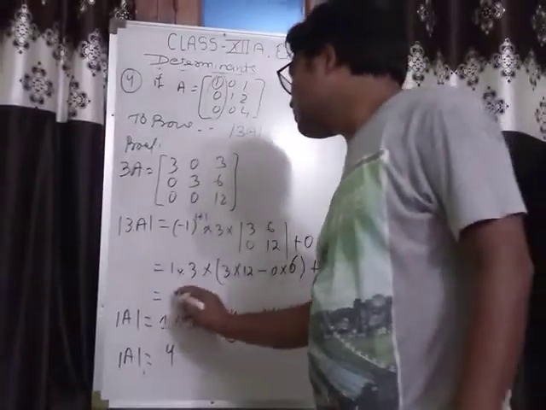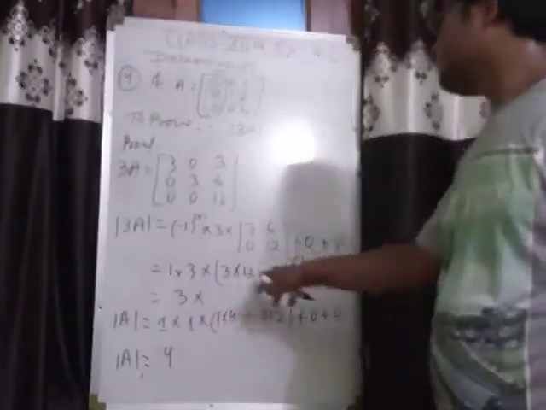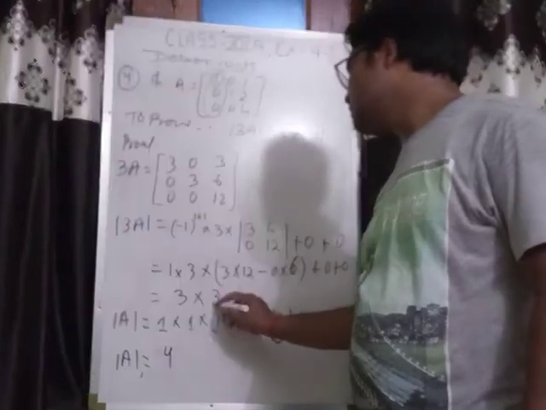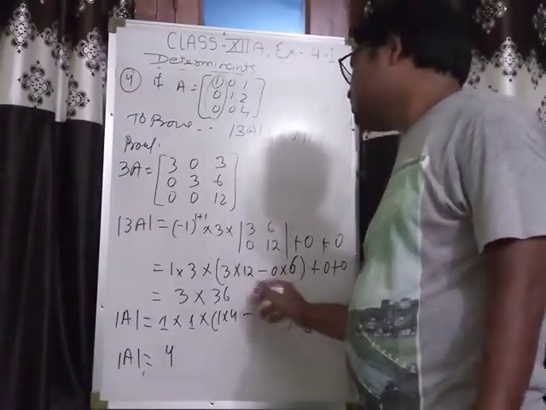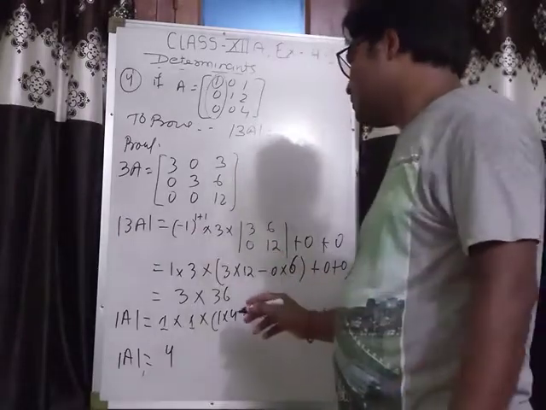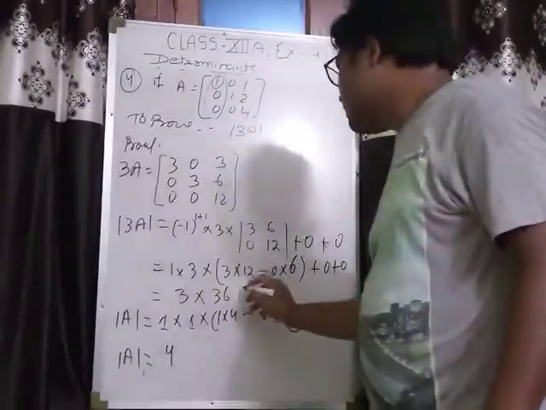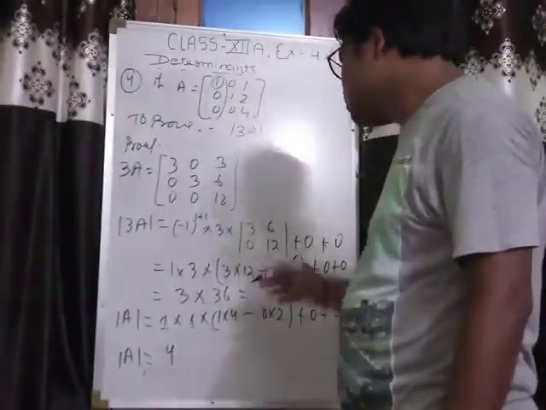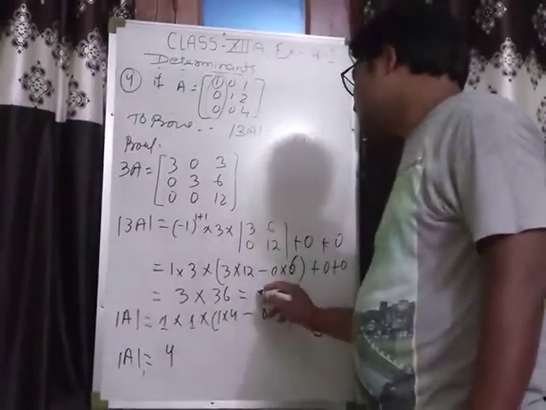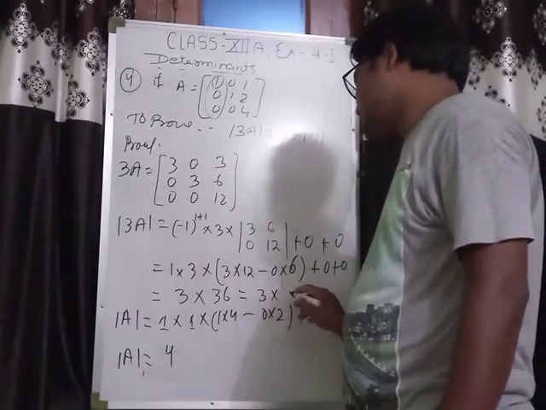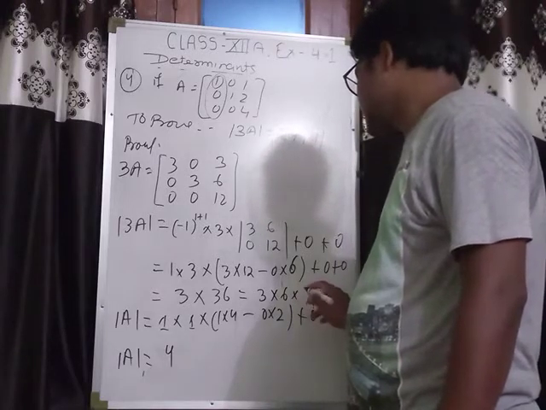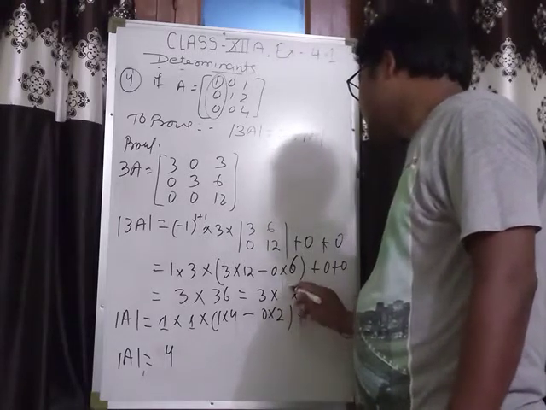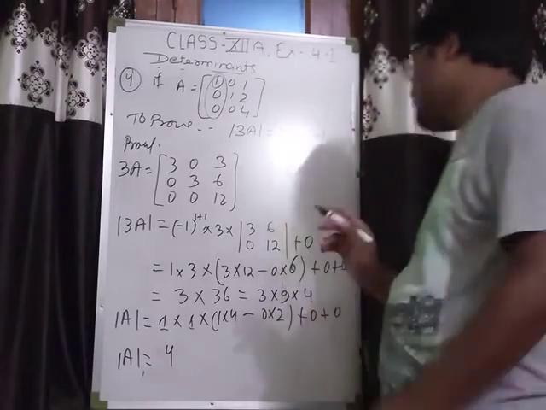So that is equal to 3 into, see, 12 3s are 36, and minus 0, so that is equal to 36. So that is equal to 3 into 36, which can be written as 3 into 9 into 4.